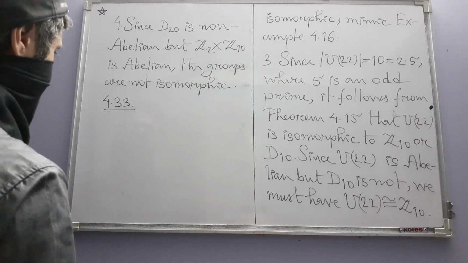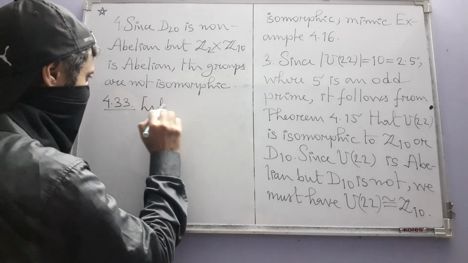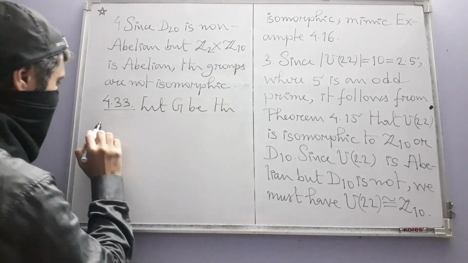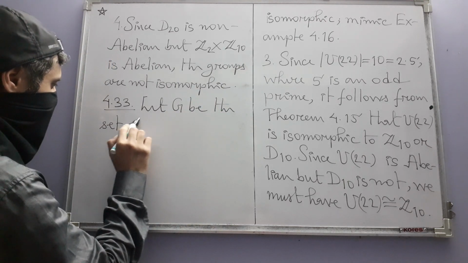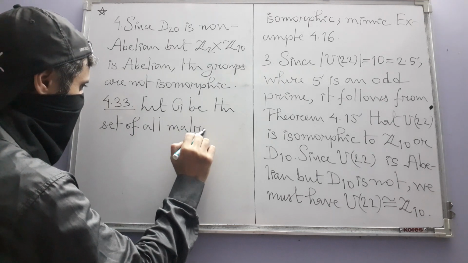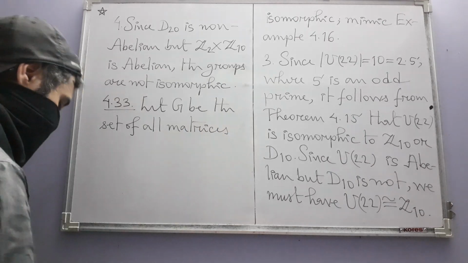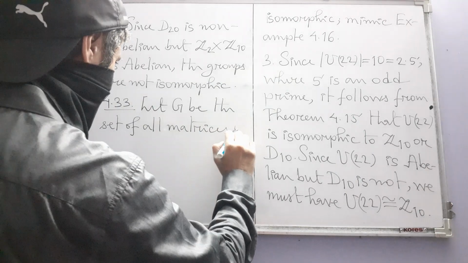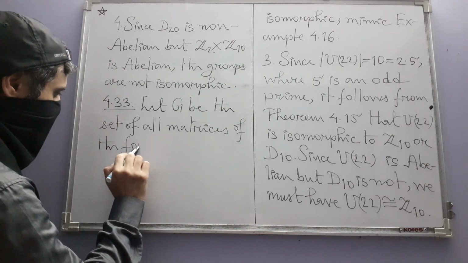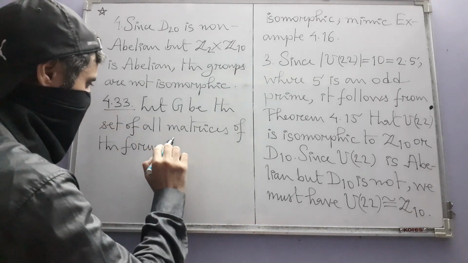Let G be the set of all matrices of the form this.